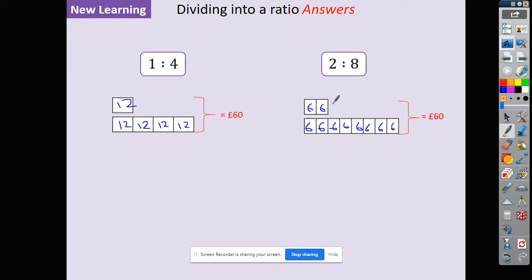Okay. So now I know that in this one here, I've got £12. And here I've got 6, 12, 18, 24, 30, 36, 42, £48. We should put in our pound signs as well.